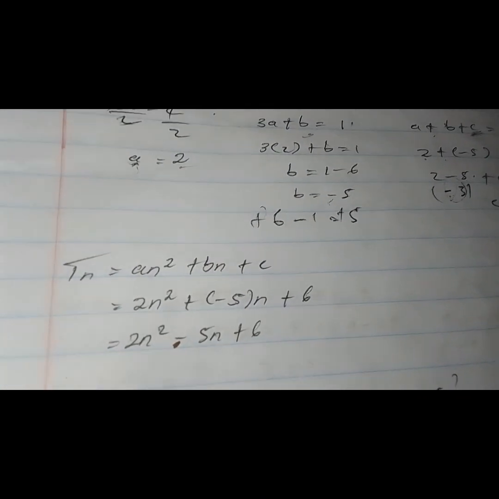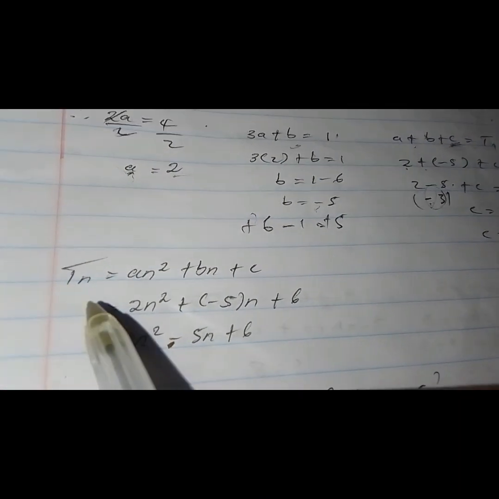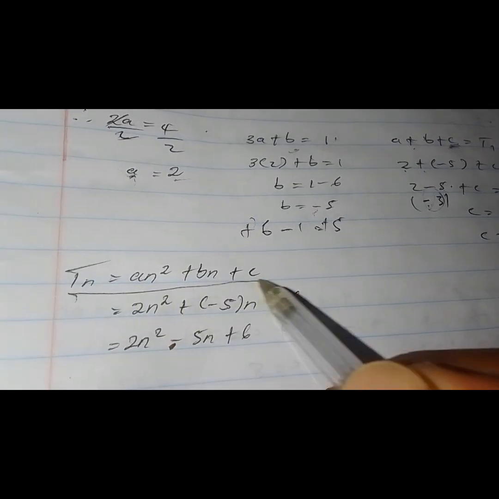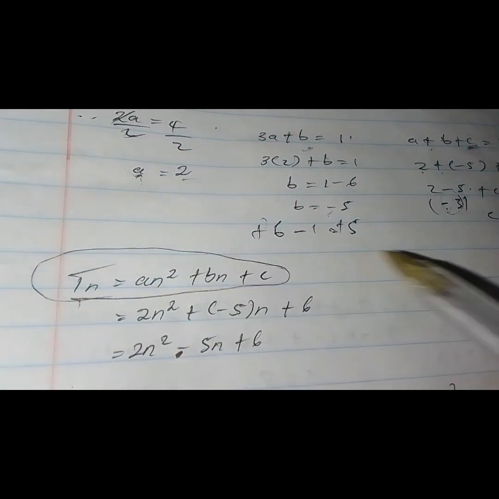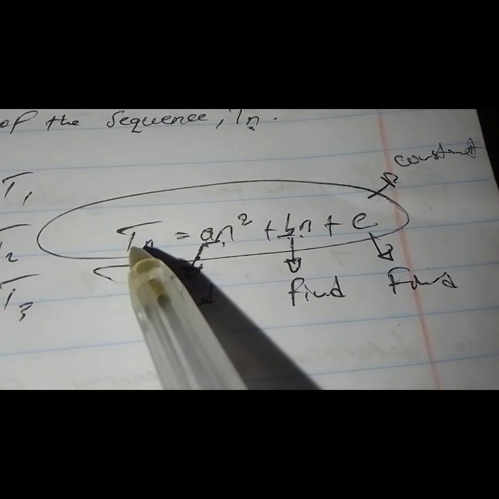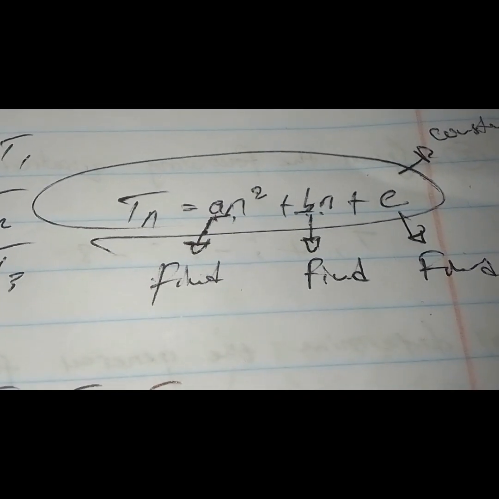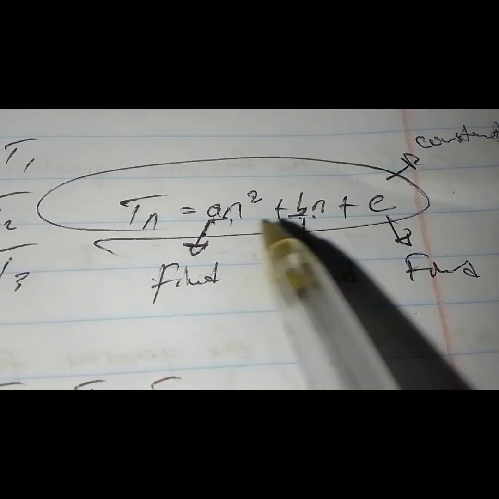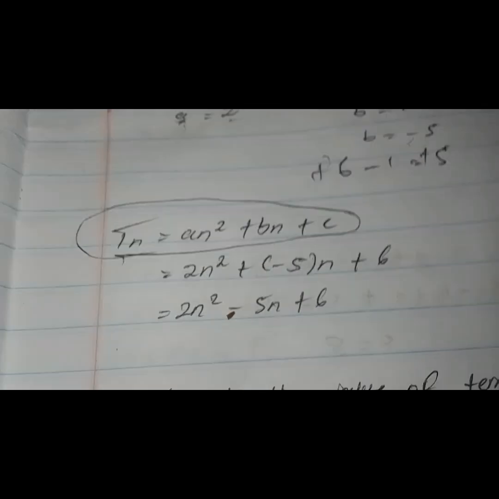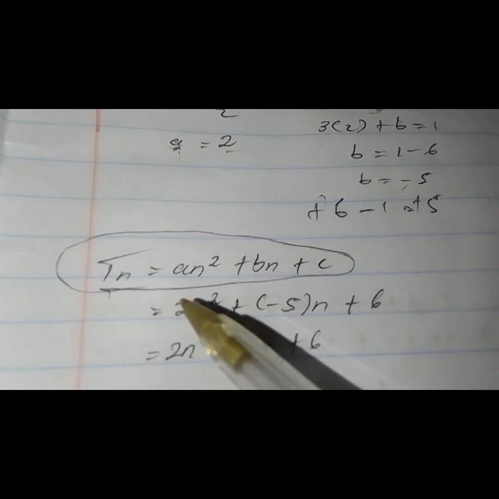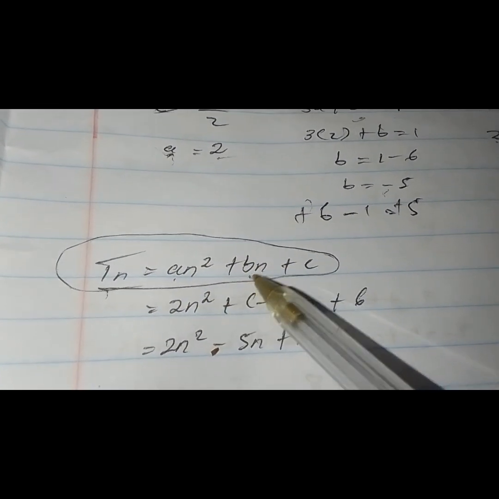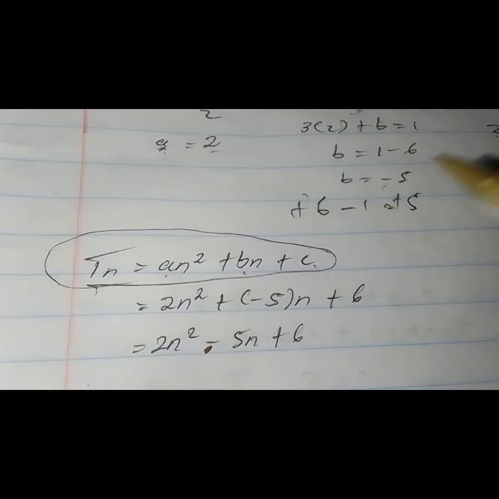Okay, let me explain this to you guys, because you can see this is our general formula. I think I wrote it somewhere here. Yeah, I wrote it. This is our general formula. You feel me? So you have to find a, b, and c always. Now we already have our a, our b, and our c. So here's how we do it.